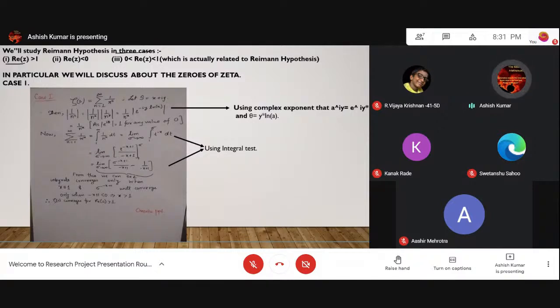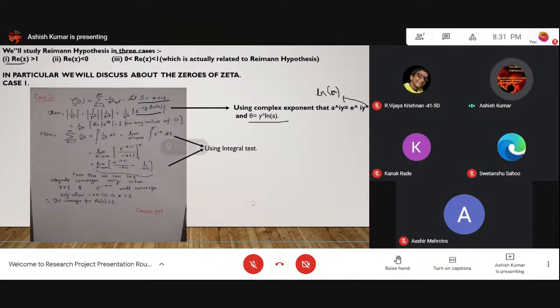We let the zeta function be this by the definition of Euler, where now s is x plus iy. We can write 1 over n to the power s as 1 over n to the power x into 1 over n to the power iy, and write this using the complex exponent, a to the power iy equals e to the power iy times the natural log of a.